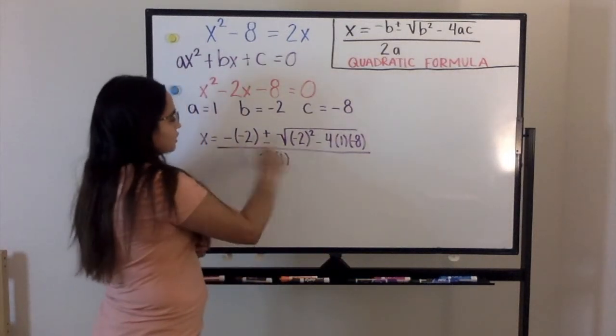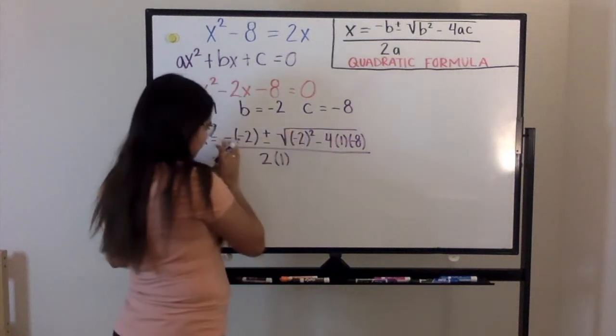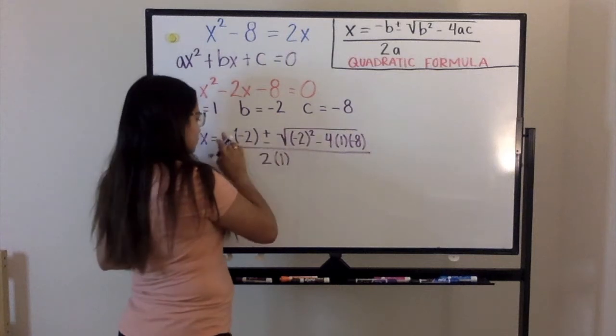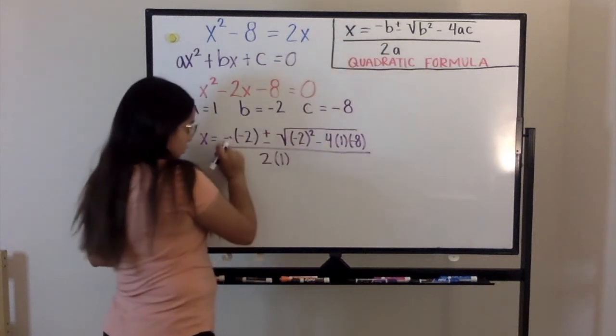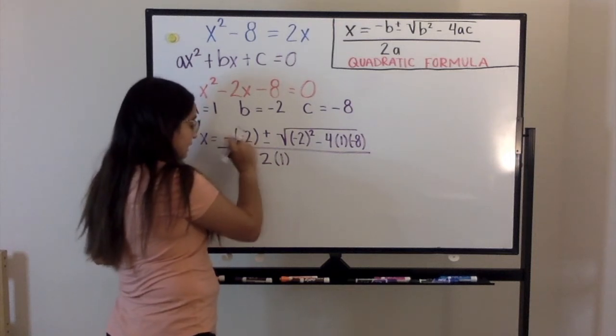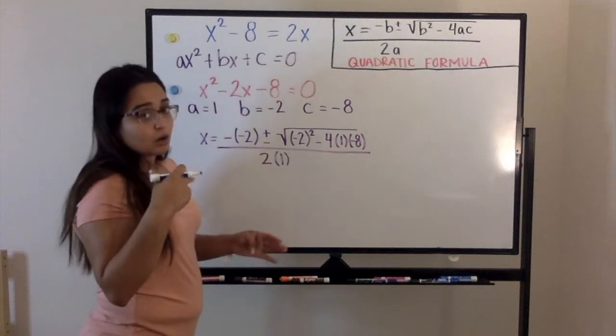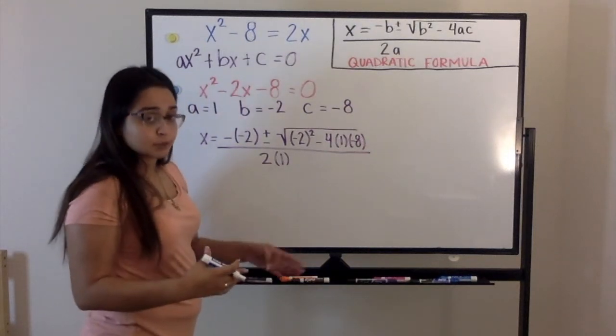Let's start off with the top part, inside our square root. Actually, let's start with this part, negative b. So we have a negative times b, but our b is already negative. That means our negative 2 will just convert into a positive 2.